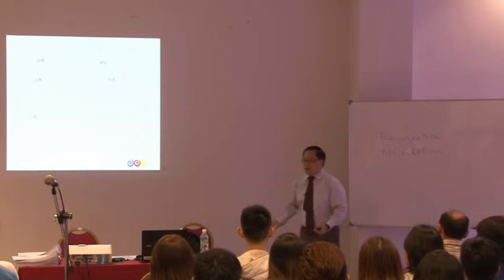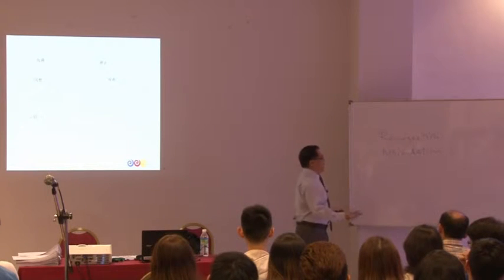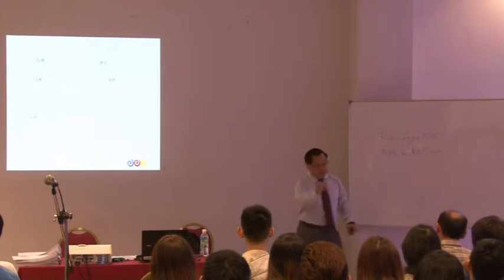Now, there are 7 parts. There are 7 parts to reading. The first one is called recognition, and I'm going to explain one by one.